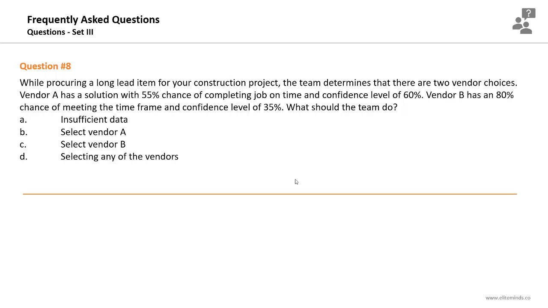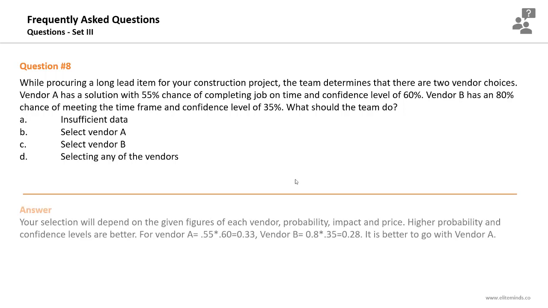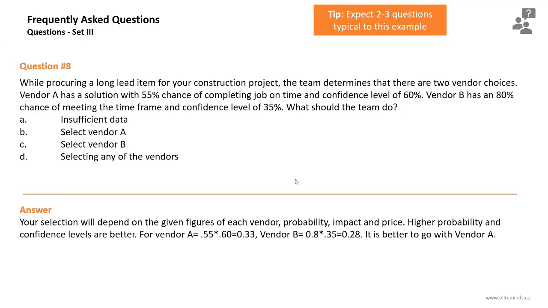For vendor A, it will be 55% by 60%, so 0.33. For vendor B, it's 80% by 0.35. It will give you 0.28. As the probability of completing the job on time was given, we will go with the vendor of the higher value. In our situation, it's vendor A. Expect 2 to 3 questions typical to this example.